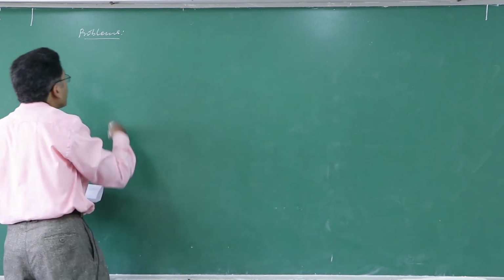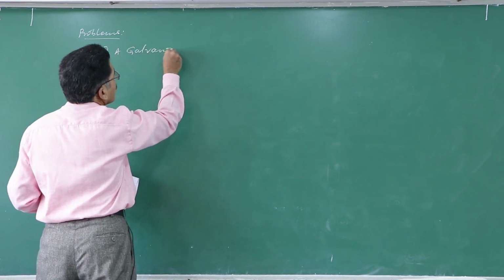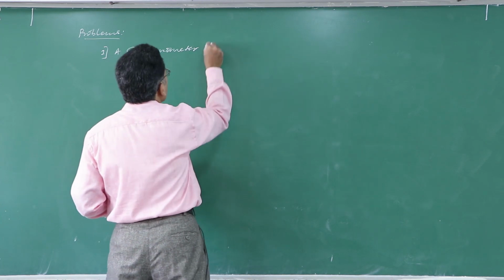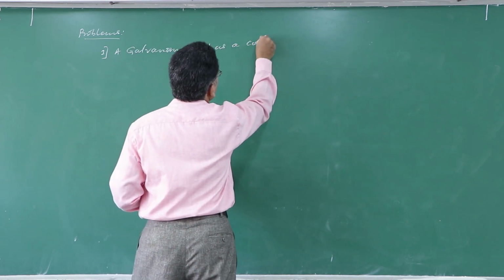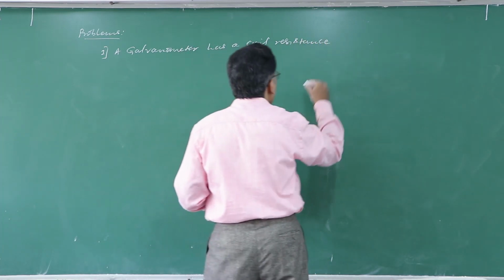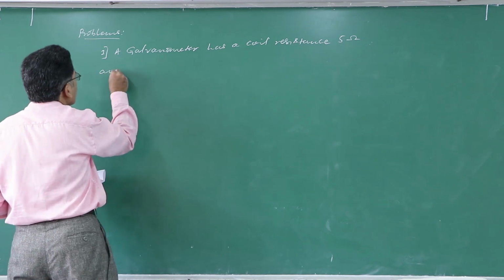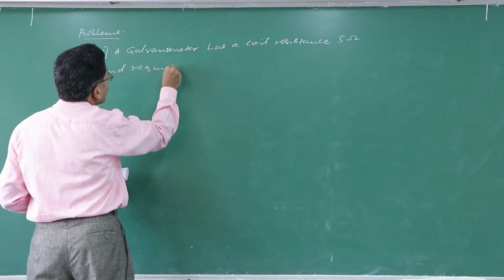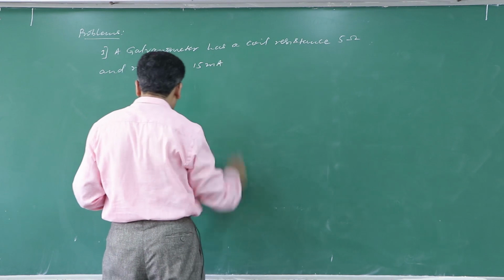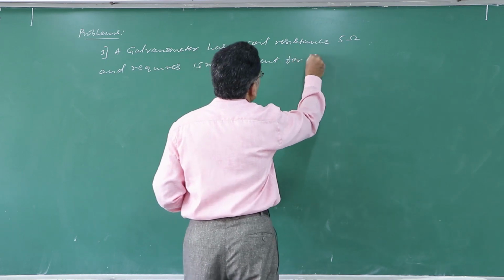A galvanometer has a coil resistance of 5 ohm and requires 15 milliampere current for full scale deflection.